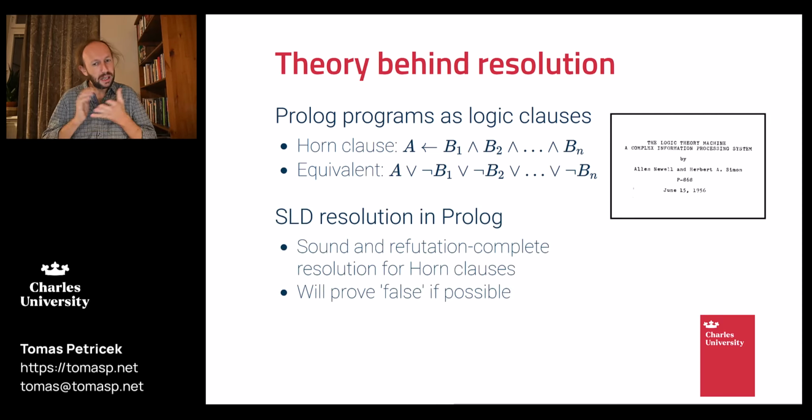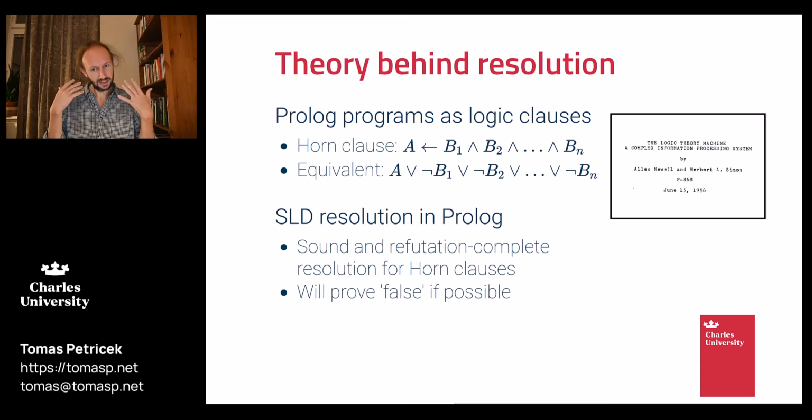And when we run a Prolog program, what happens behind the scenes is something called the SLD resolution. And this is a decision procedure for logic terms that are using this particular Horn clause representation. And the two important properties of the SLD resolution is that it's sound and complete.